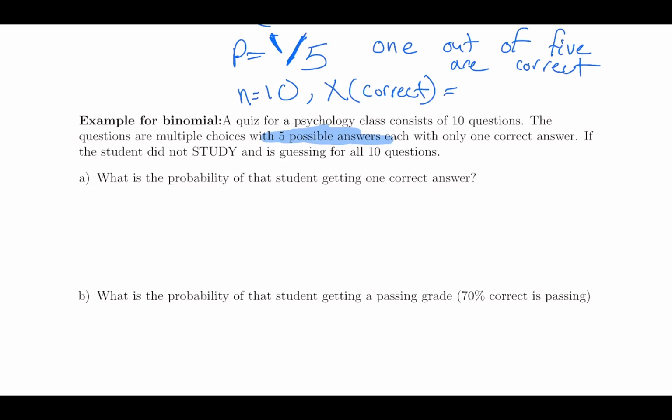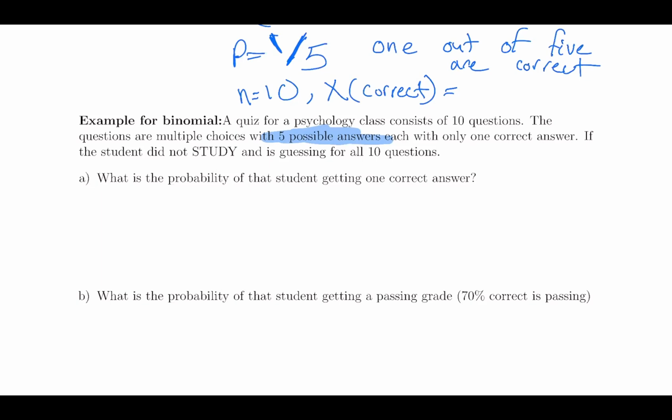Cool. So if you look at it, for this one, we have n many. We have a probability that's consistent because it's 1 out of 5 for all 10 questions. And X will represent how many correct answers they're going to get. All right. Everybody good so far on the n, the p, and what X represents? Yes. All right, so let's find the probability of the student getting 1 correct answer.